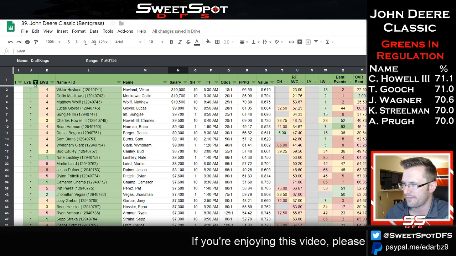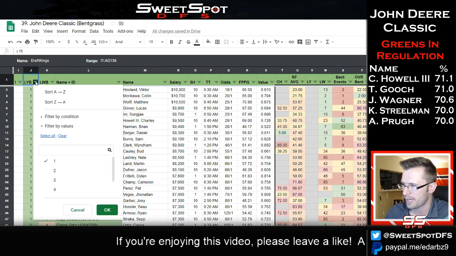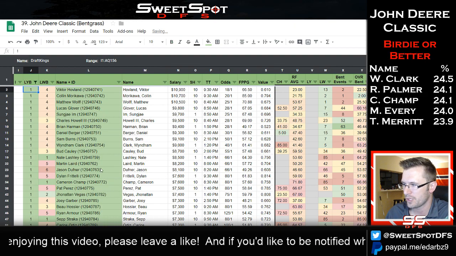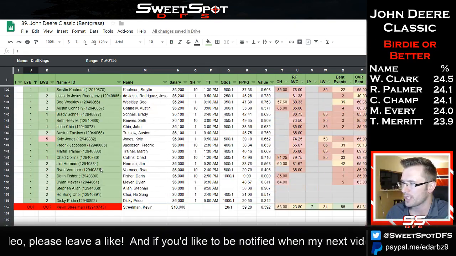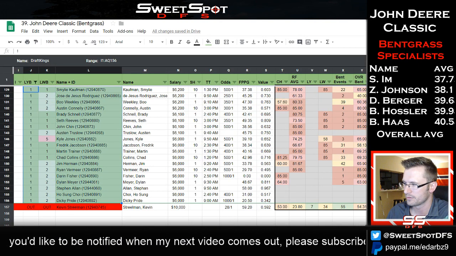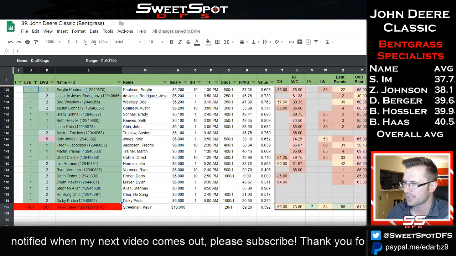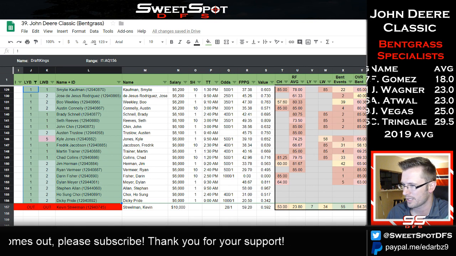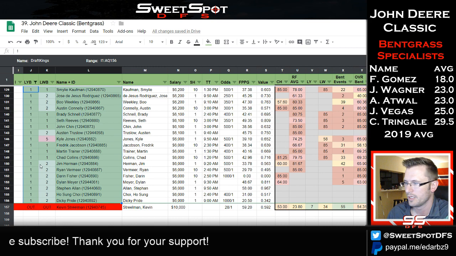I've already filtered the spreadsheet by last year bucket 1 golfers. Again, we want to find 3 of these golfers, and really we could come down here and basically throw all these golfers out. I don't think there are too many golfers down here that I really like or think are worth consideration.